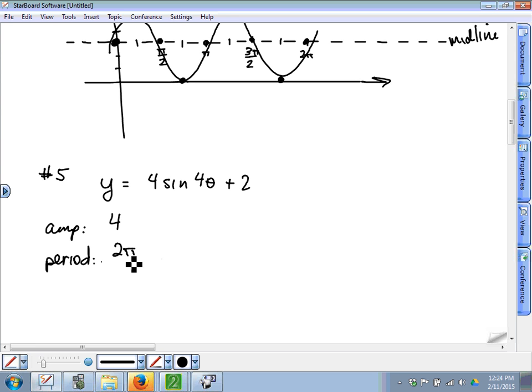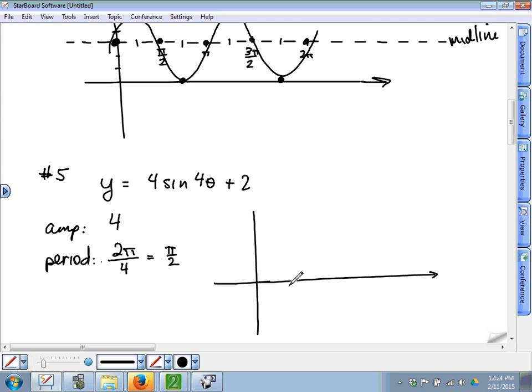Period is 2 pi divided by 4, which is pi halves. Very good. Now make your graph.